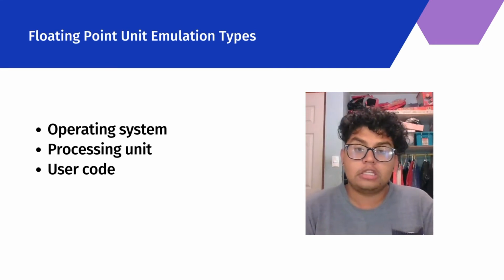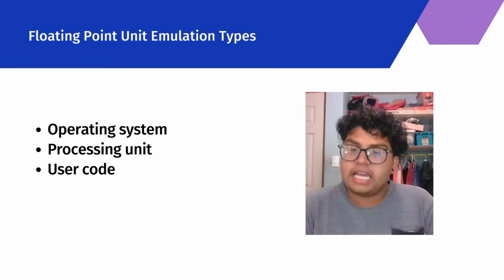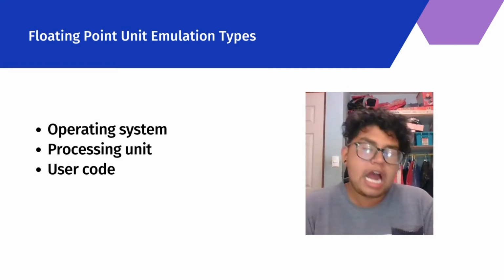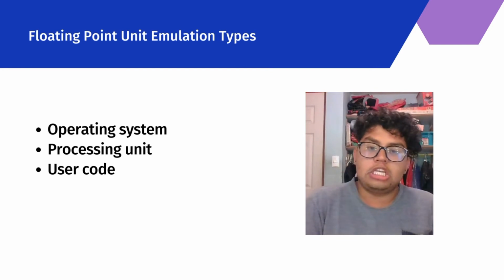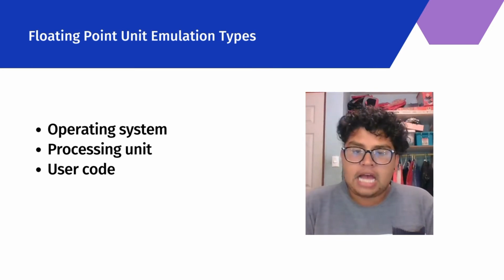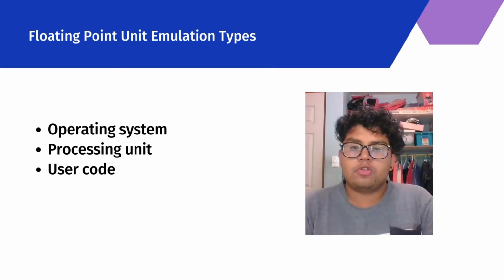A floating point unit is more complicated to implement in hardware, but fortunately it can be emulated by the central processing unit. In a sense, it can be part of the central processing unit. It can be implemented as firmware within the central processing unit.